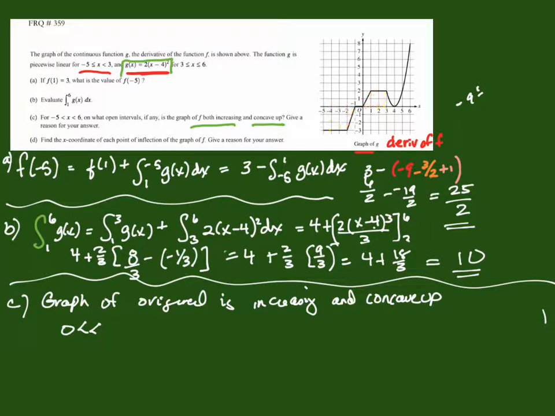Let me erase all this stuff on the graph. So increasing and concave up would be when it's positive, so none of this would count. Positive and increasing, so you would have this bit right here, and then from 4 on, that bit right there. So that's going to be our answer.